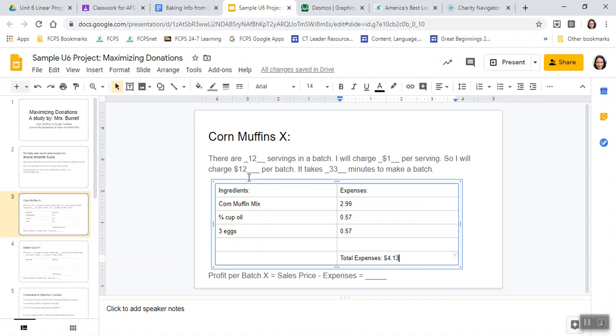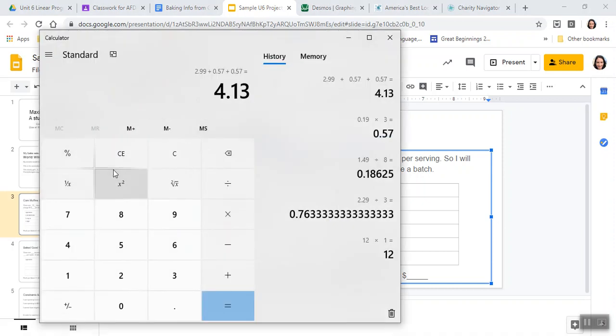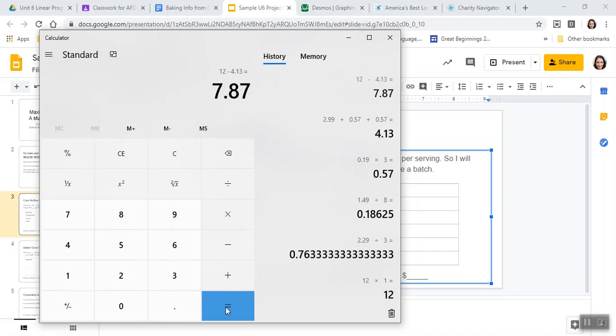So if I subtract 12 minus 4.13, equals, and then let me just subtract that. 12 minus 4.13. So $7.87 of profit.